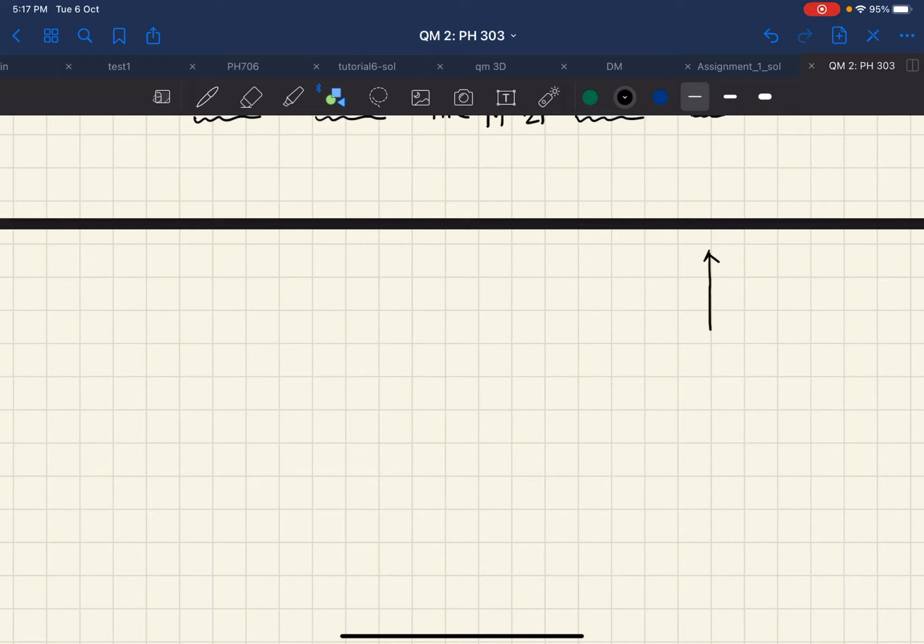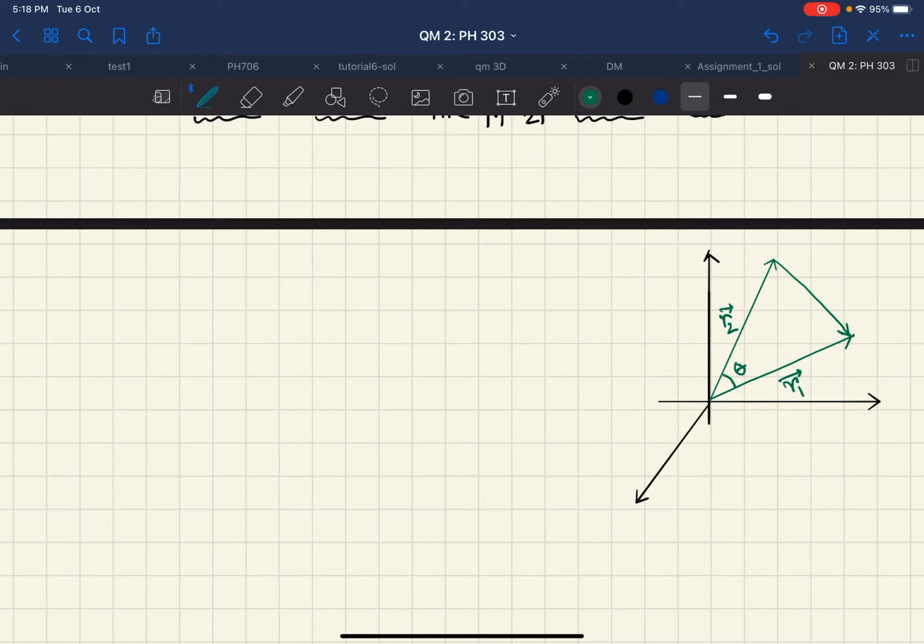For that, let us actually think of the picture we have at hand. See, we have this axis, say like this, and in this axis we have the position vector which is given by, say, r1, suppose this is r1, and also there is another position vector which signifies the position of the second electron, which is, say, r2, and suppose there is this angle theta in between them, and then this is my r12 vector.